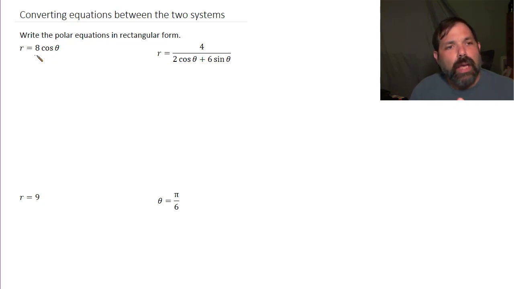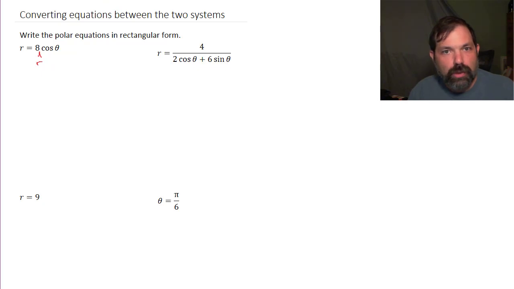And so here the issue is I can't do anything with just cosine theta. I know, however, that if there was an r here, if instead of 8 cosine theta, it read 8r cosine theta, then r cosine theta I could replace with an x. Well, I can't just put an r there. I have to use algebra.